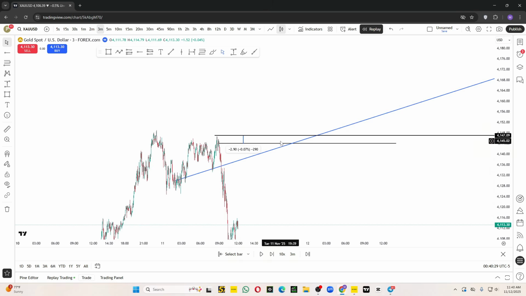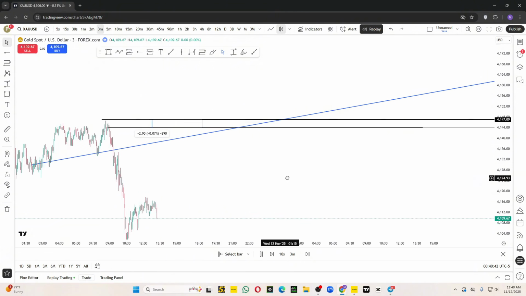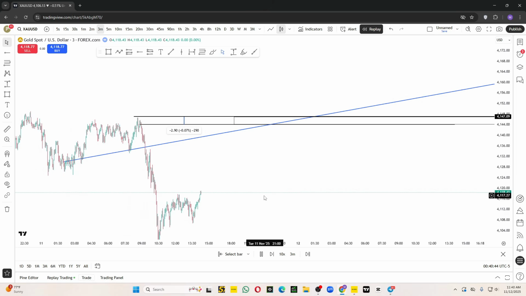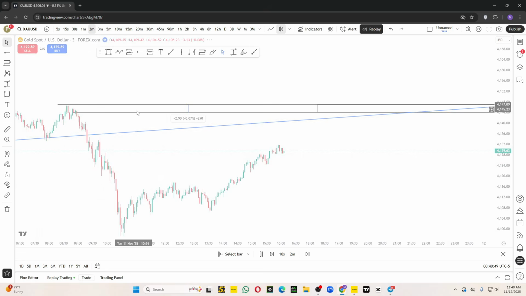So this is the only zone that we can expect from here, and a little bit above, you do not need to go that much above, like the setup yesterday that we could possibly see. And then if you want to, you can go a little bit lower further.